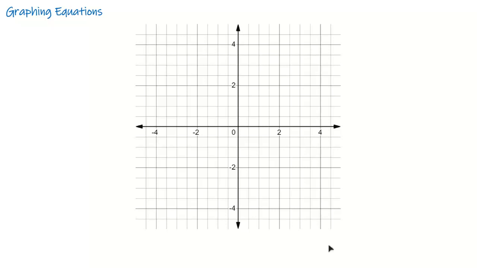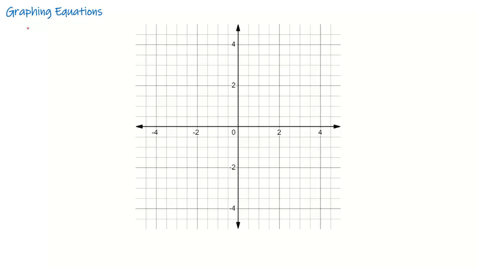Hello. In this video, I'm going to look at graphing equations. Whenever we look at graphing equations, essentially what we want to think about is how do we find the graph if we don't know its basic shape?